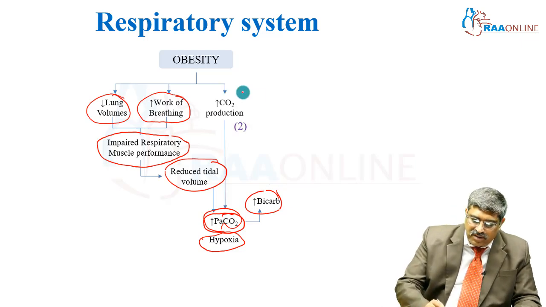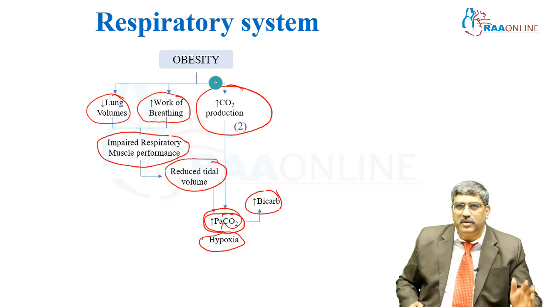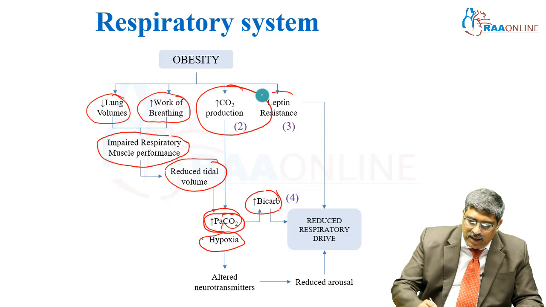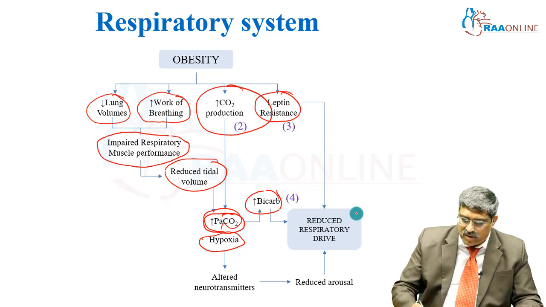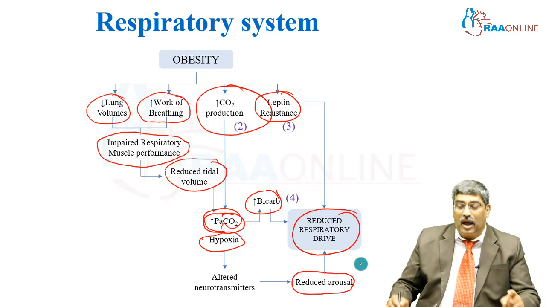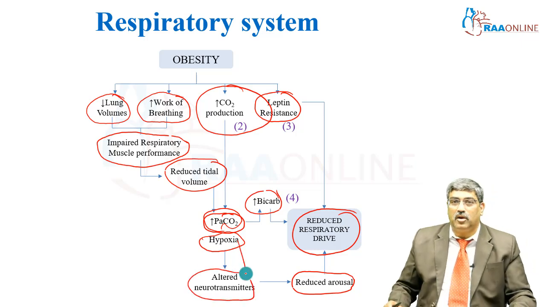Another important thing is there is increased carbon dioxide production too, which increases your hypercarbia, and your leptin resistance causes reduced respiratory drive. There is reduced arousal, and this can happen with altered neurotransmitters which come from hypoxia also.